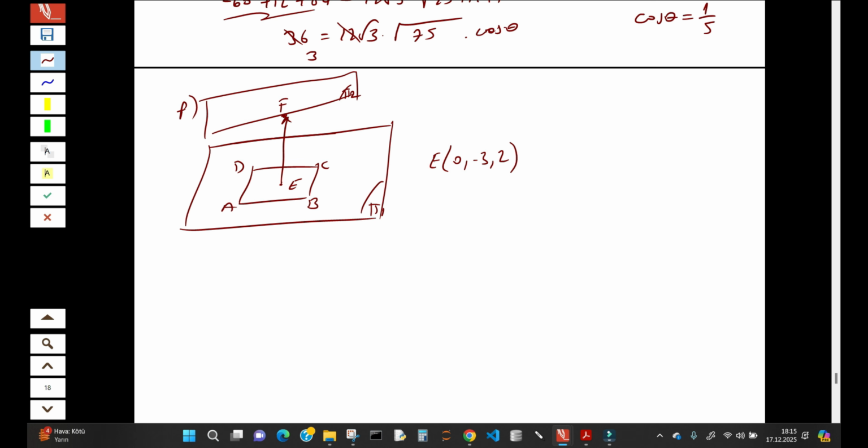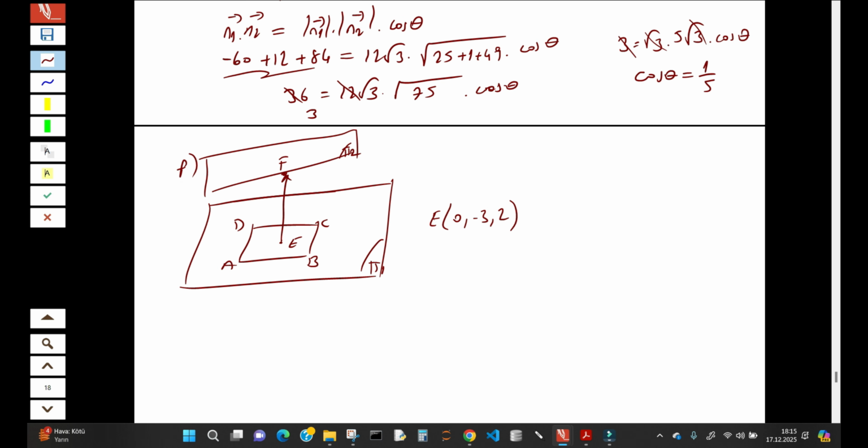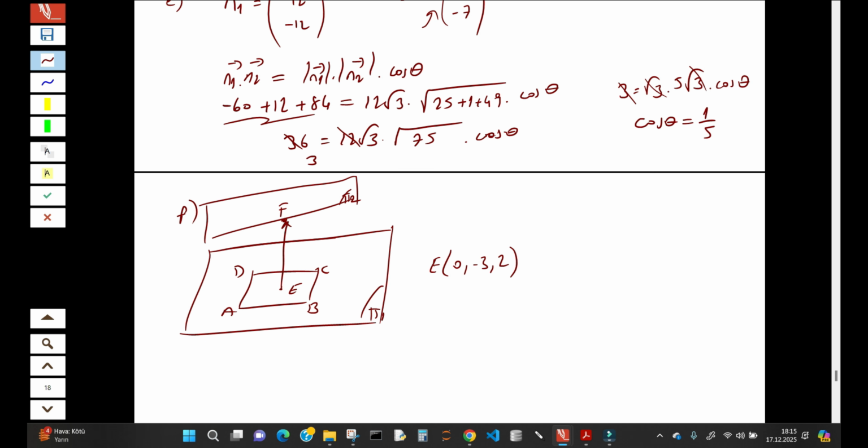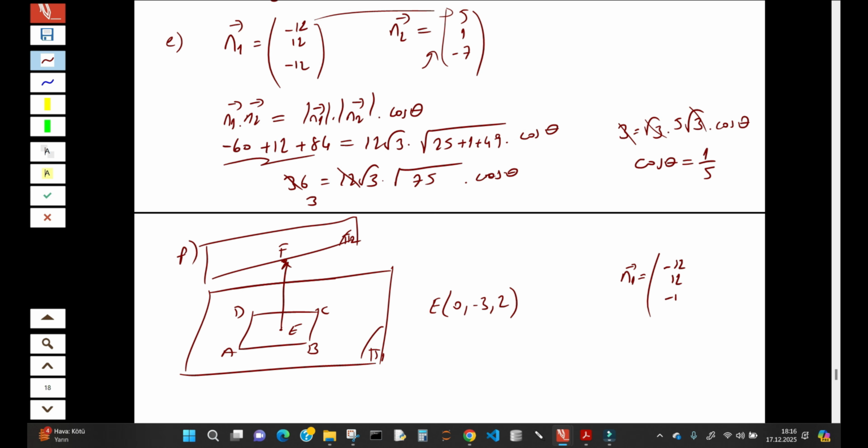So we can write the line equation here, and the direction of this line is the same as the normal of pi 1. We know that the normal n1 is minus 12, 12, minus 12.